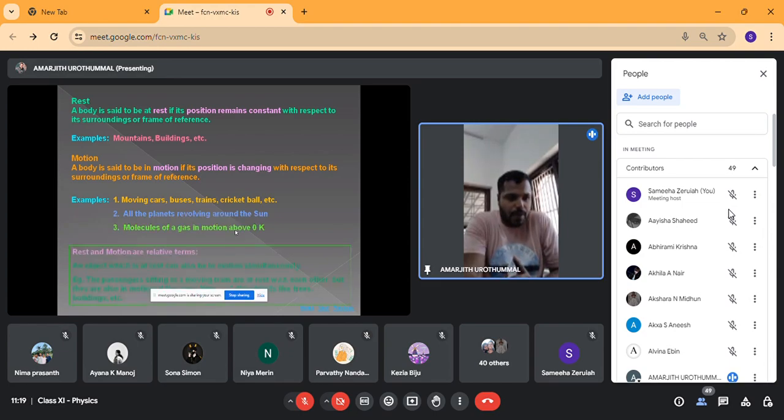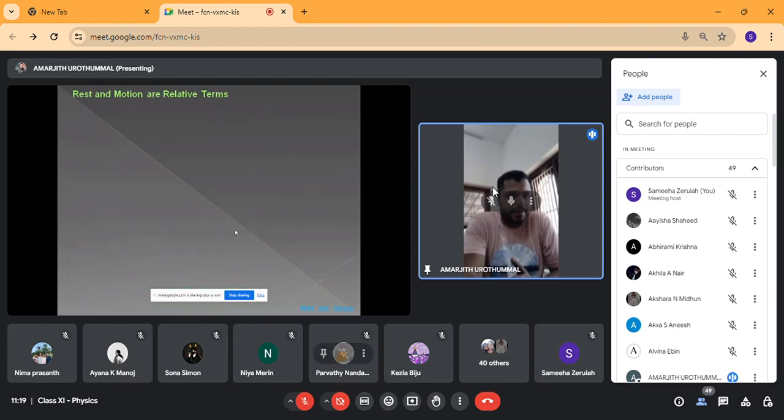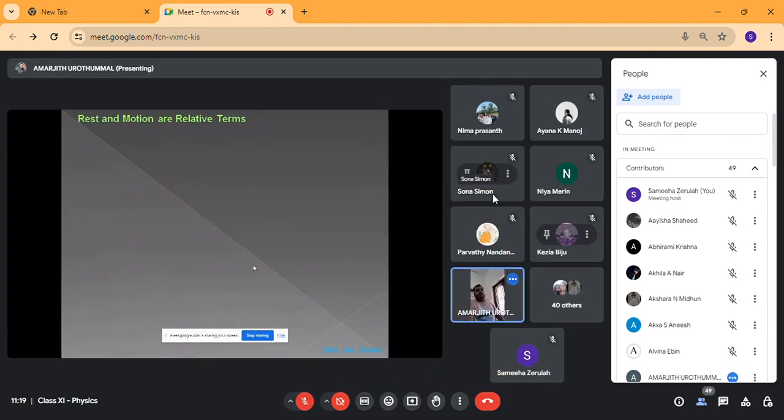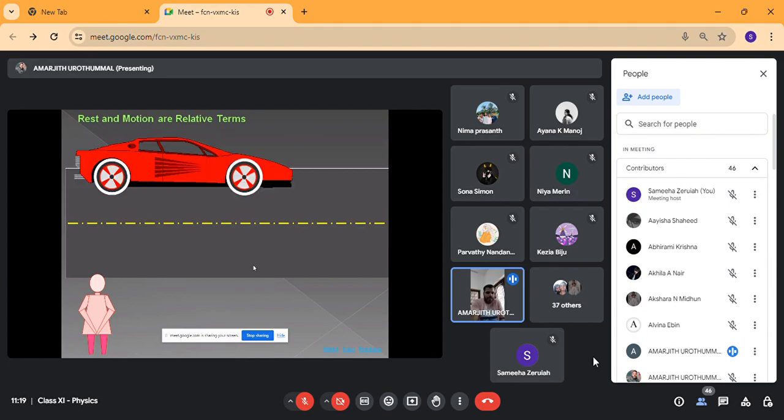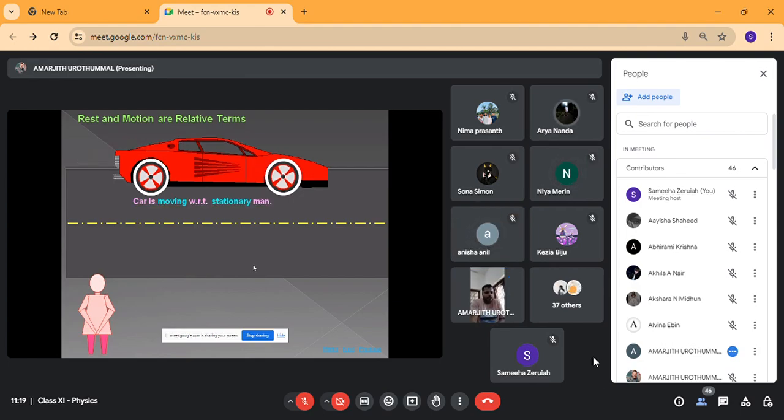Now, coming to the main point, let us see an example here. A stationary man is there, and one car is in motion with respect to the stationary man. Clear? Is it visible? Yes, sir.